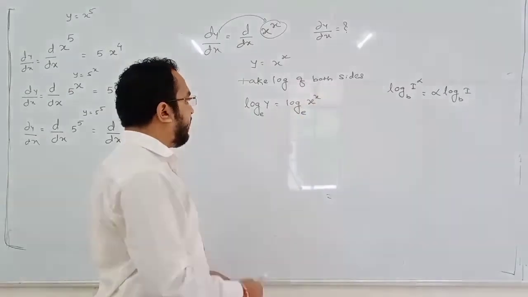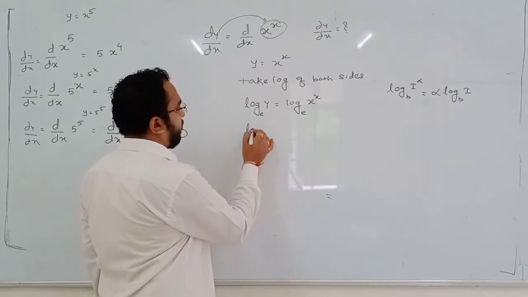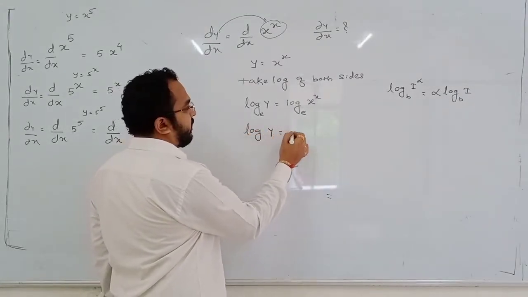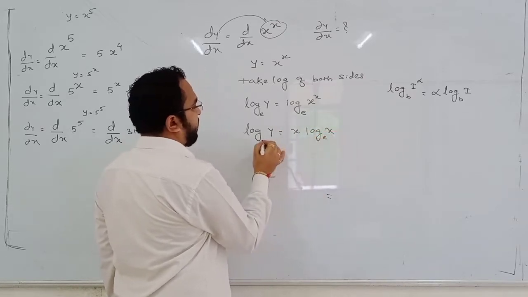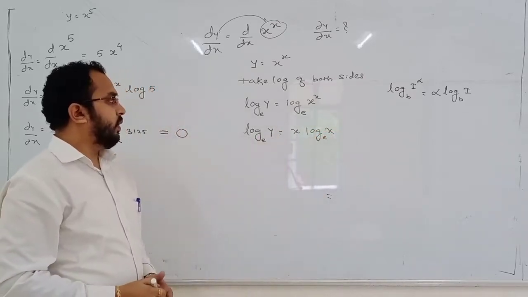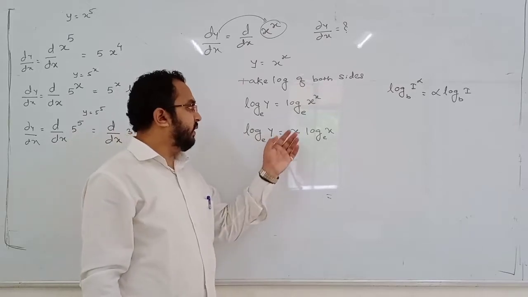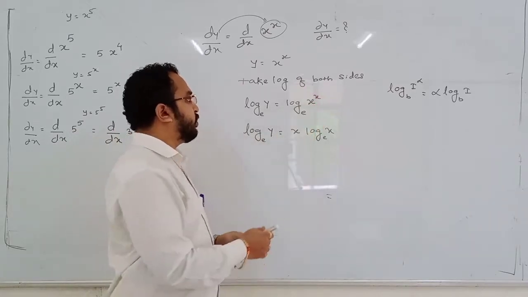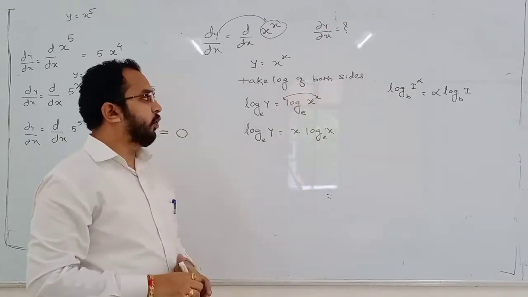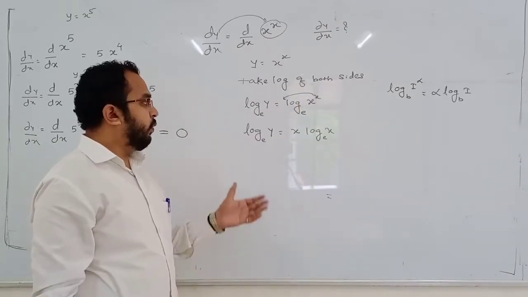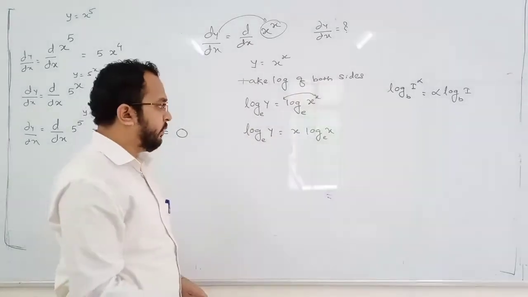So we can remove that x. So we can write log y is equal to x log x, base e, and here this x comes to the numerator by the alpha rule. Now we are going to differentiate this.